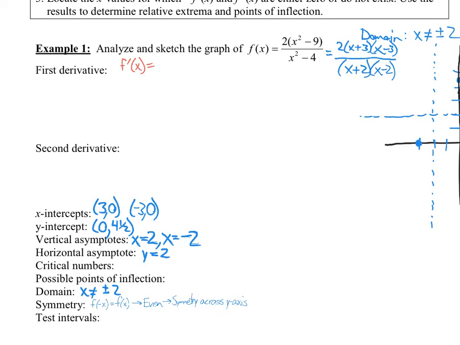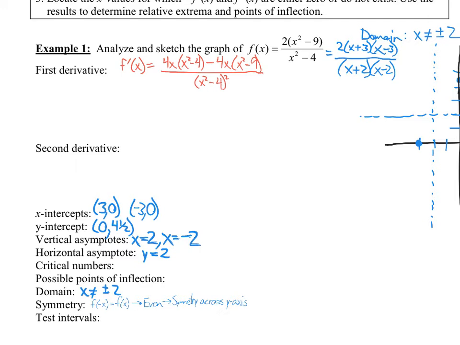So I have 2 times the derivative of x squared minus 9, so that's 4x, times the bottom, minus the top, which is 2 times x squared minus 9, times the derivative of the bottom, which is 2x. So that's going to be 4x times x squared minus 9, all over x squared minus 4, squared.